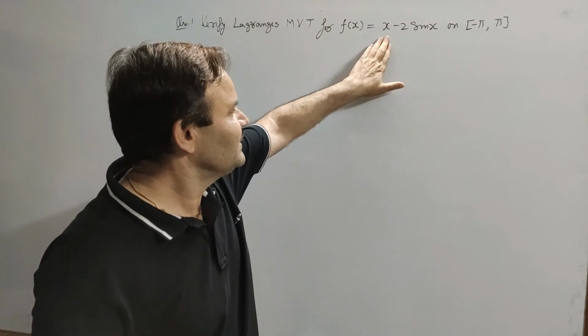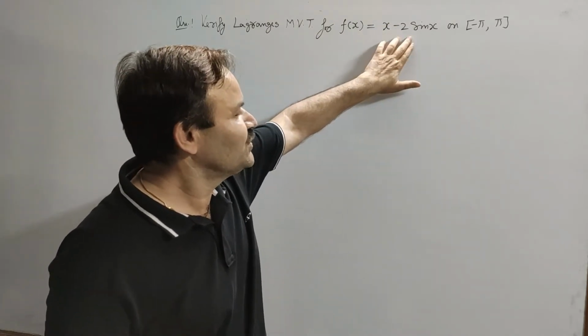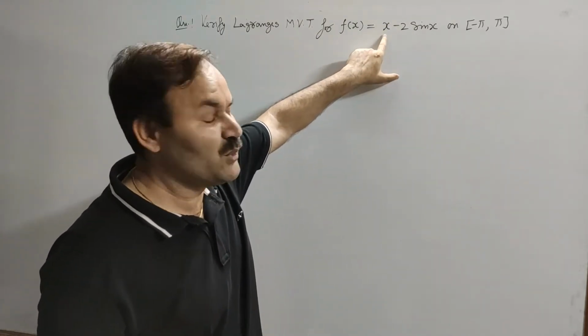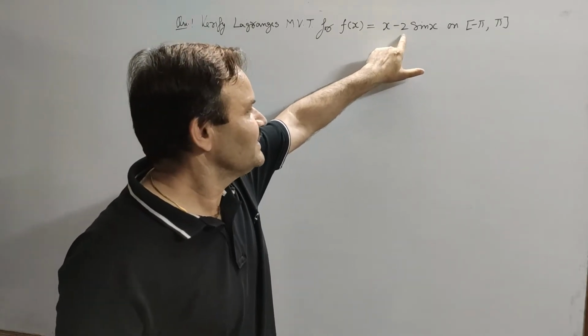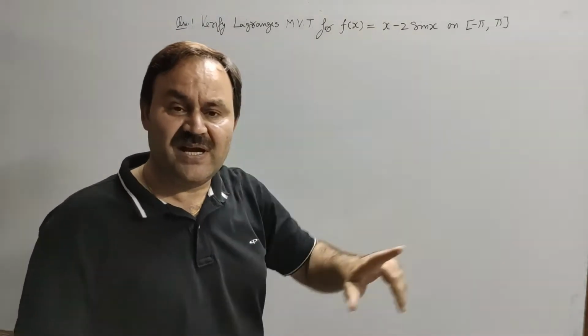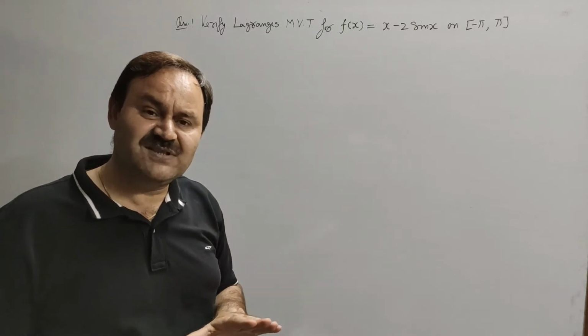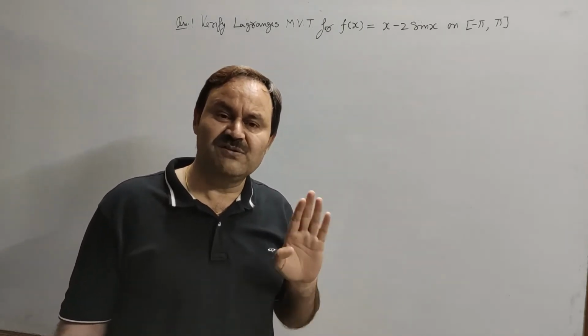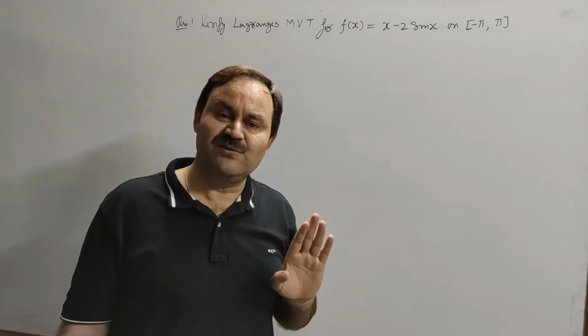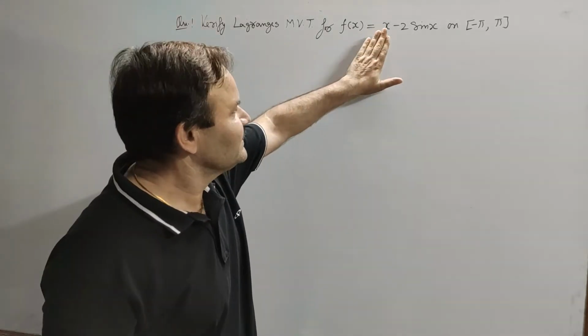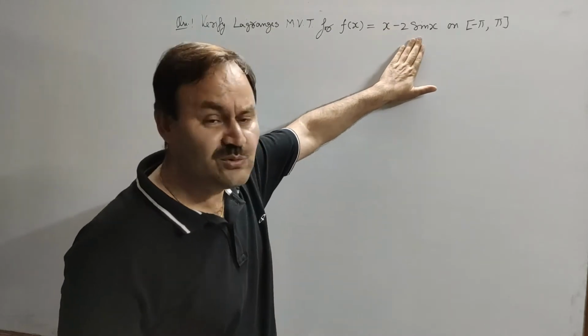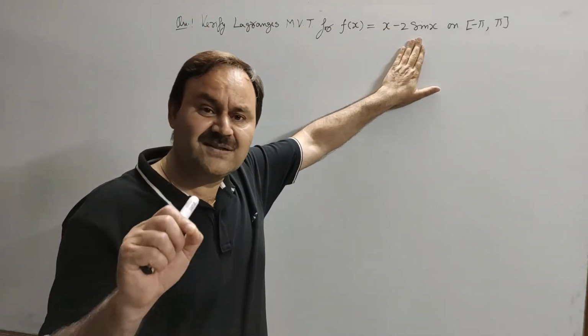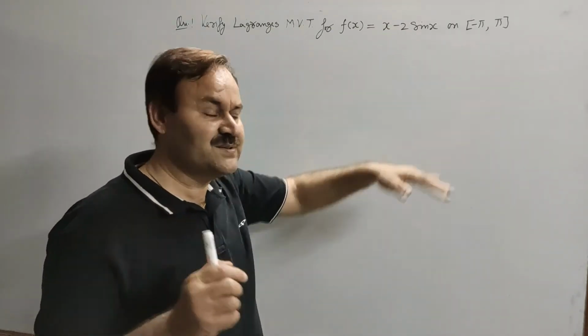Since this function is the sum of 2 functions, one a polynomial function and the other a sine function, and we know that polynomial functions as well as sine functions are both continuous for all real values of x, hence the sum of 2 continuous functions will also be continuous.